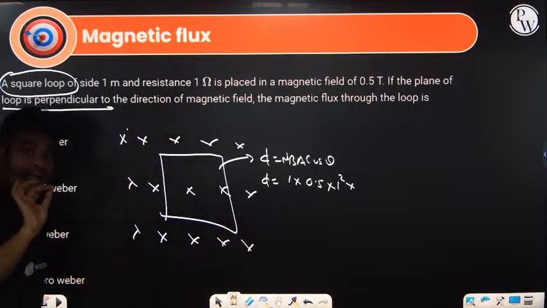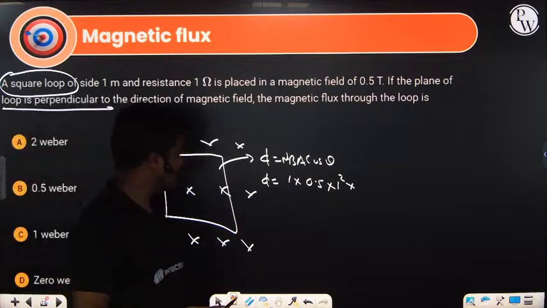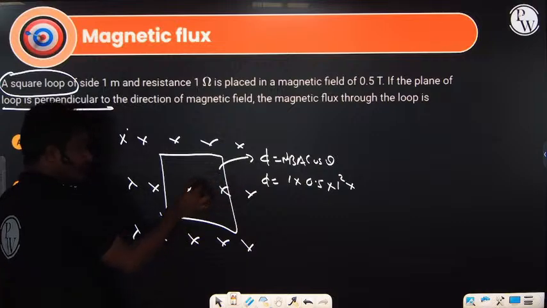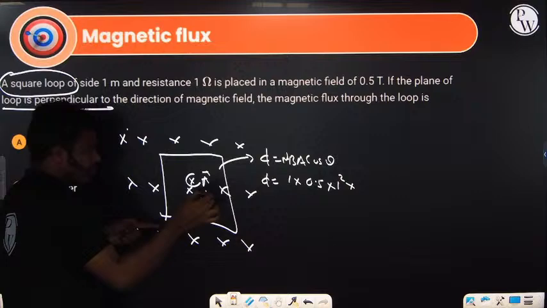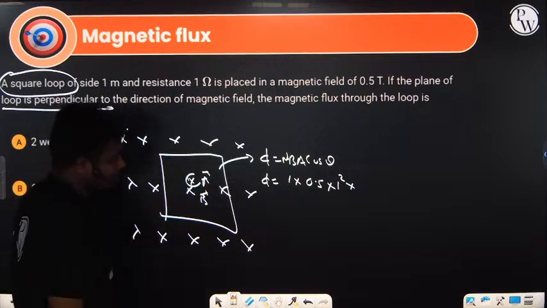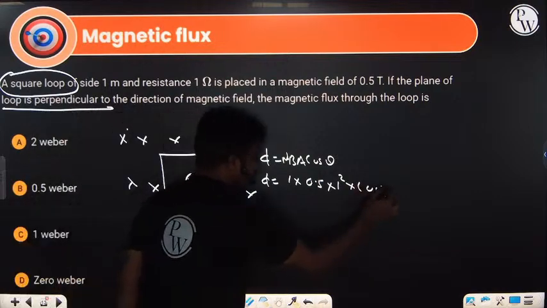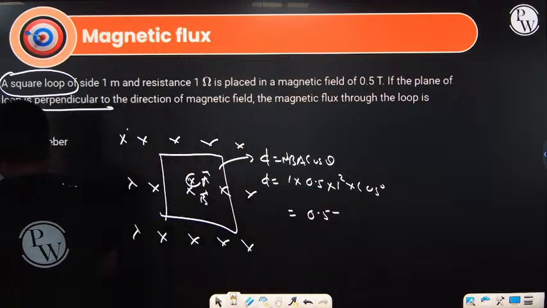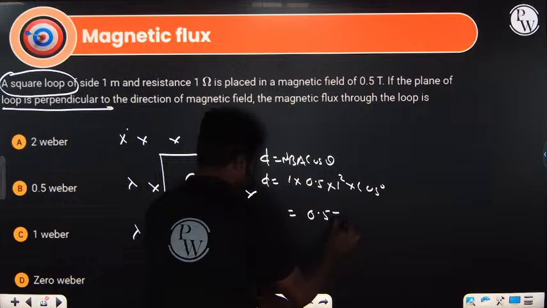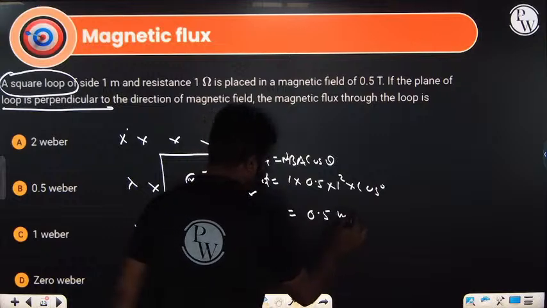The angle between the area vector and the magnetic field. The area vector is going inside and the magnetic field is also going inside, so both are in the same direction. So this will be cos 0. So we get 0.5 Weber. Weber is the SI unit of magnetic flux. Okay, 0.5 Weber.